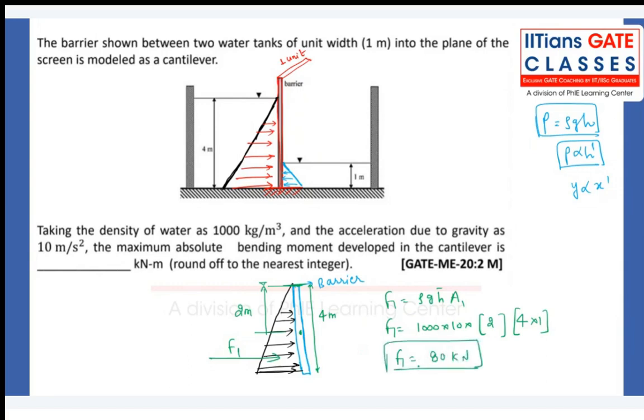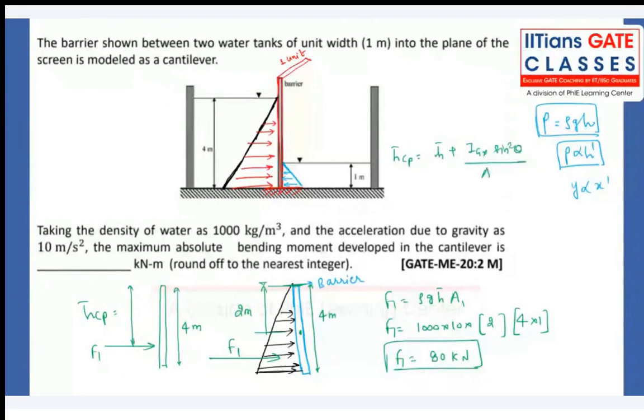right? This 80 kilonewton, my dear friend, will be acting at a distance. Center of pressure will be what? In this case, what is my h bar cp? If the total height is 4 meter, what is my h bar cp? We know that h bar cp is h bar plus Igx sin squared theta divided by area into h bar. But in this case, do you really need that formula?